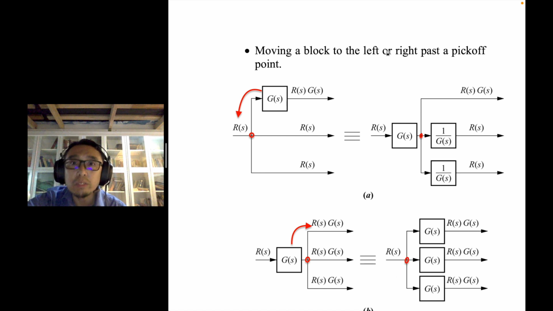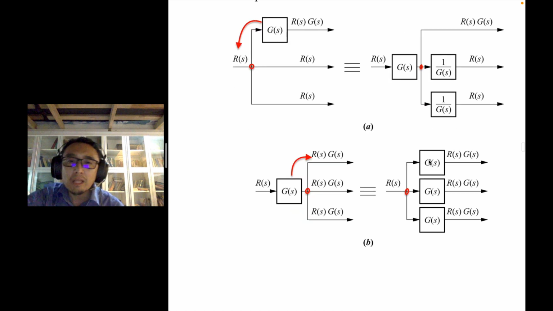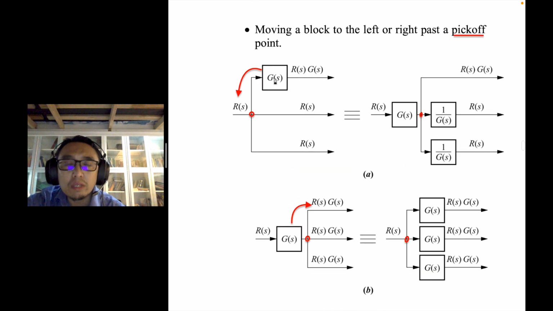When we say pickoff point, this is what we mean. This is in the red, that's what pickoff points are. So if you want to move after the pickoff point to before, this is what you do.